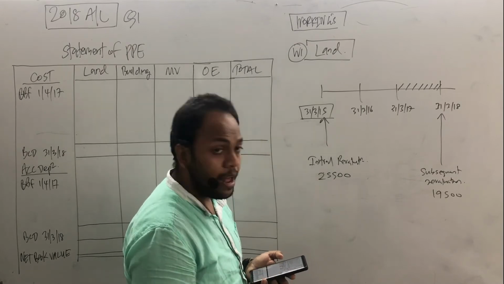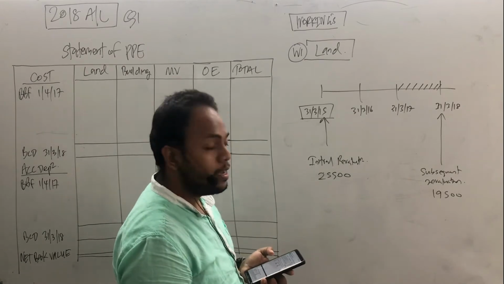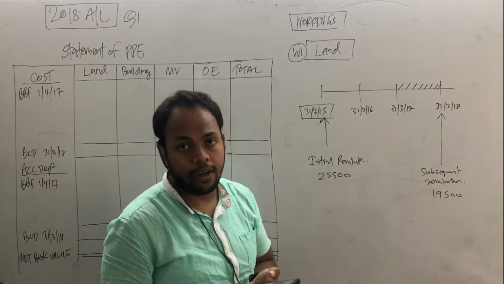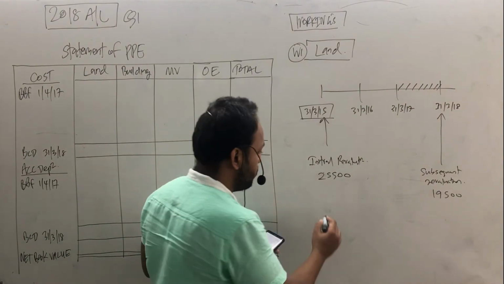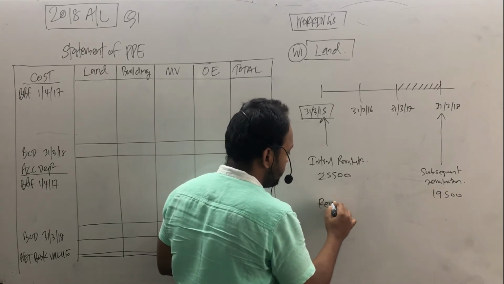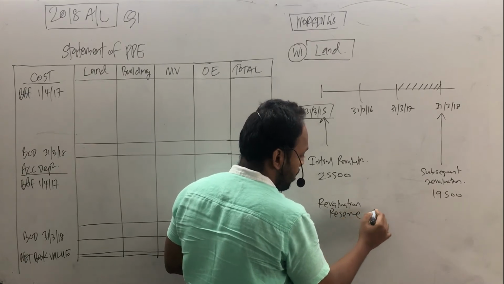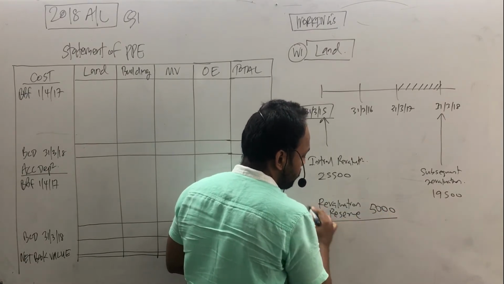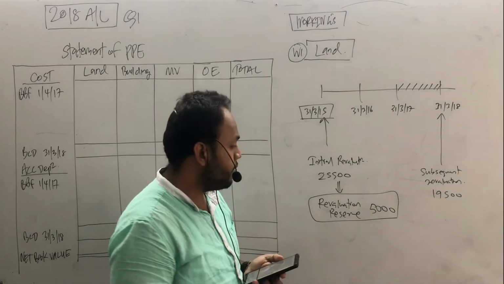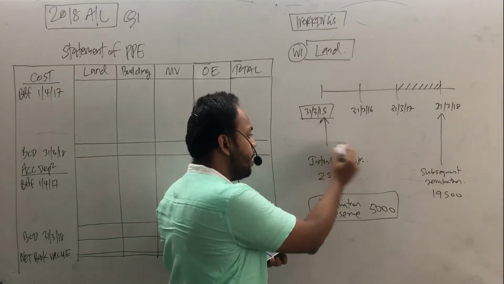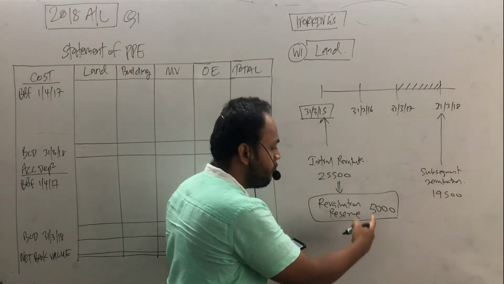So if you check the trial balance, since the revaluation was already done, there is a revaluation profit which was credited to the revaluation reserve account. You can see there is a revaluation reserve account with a balance of 5,000. So that means at the initial revaluation, there is a revaluation profit of 5,000.